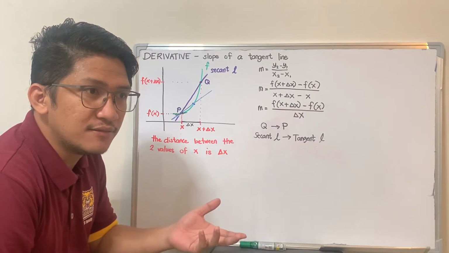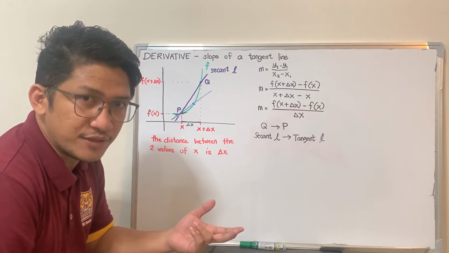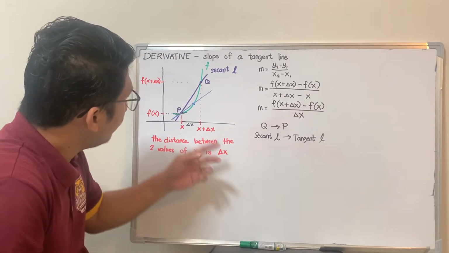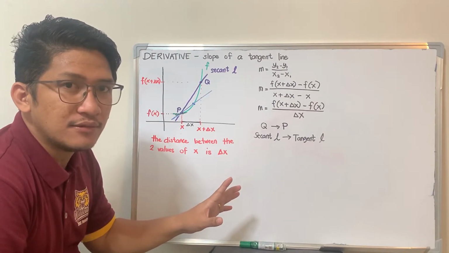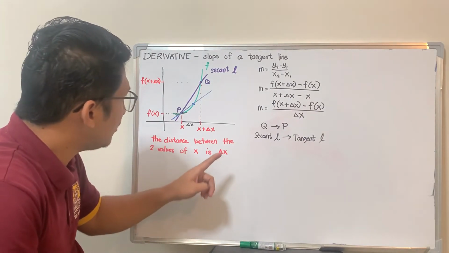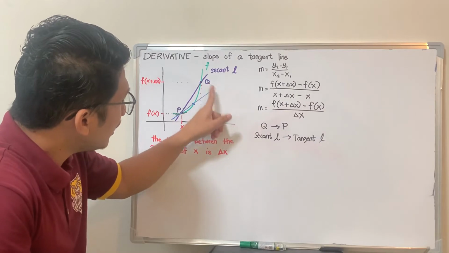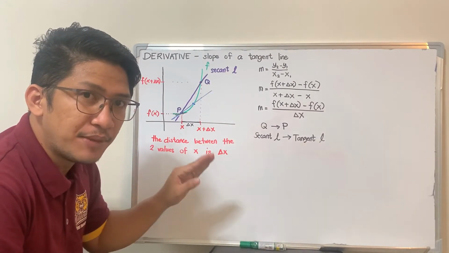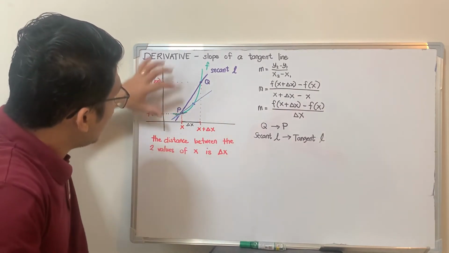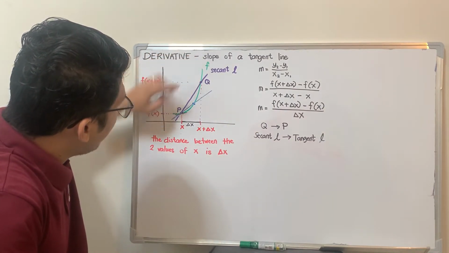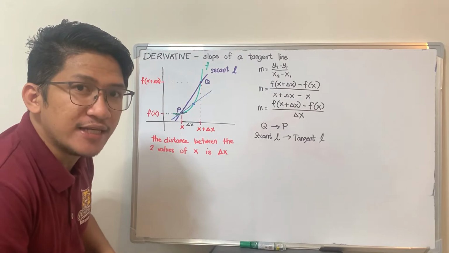Definition of a straight line is composed of at least 2 points. Now here, kung himuon nimong Q pareho sa P, dili maporma ang line. Okay? So that's why ang gibuhat nato is Q is only approaching P. Padong lang siya sa P. Unya, if it happens, ang imong second line is approaching a tangent line.